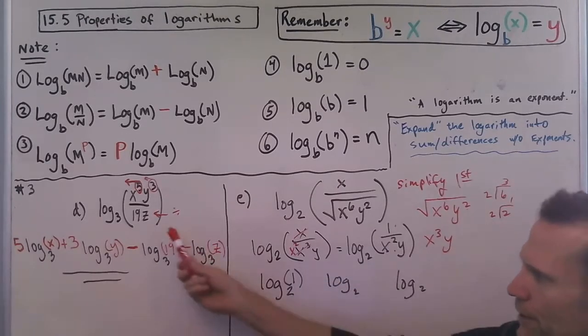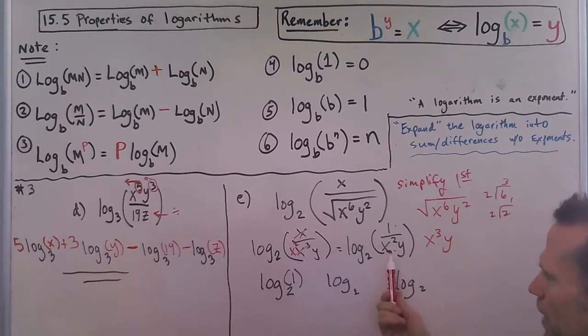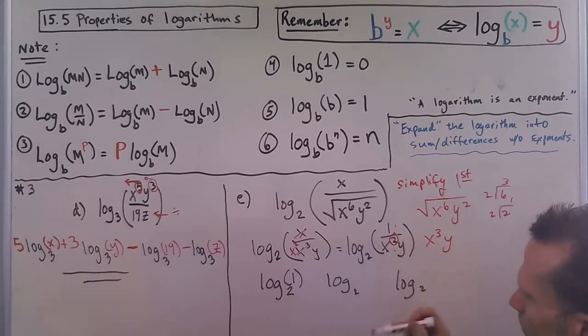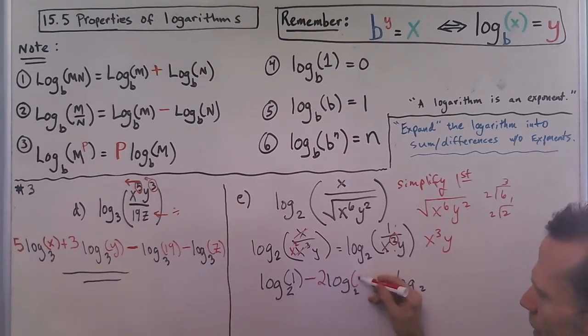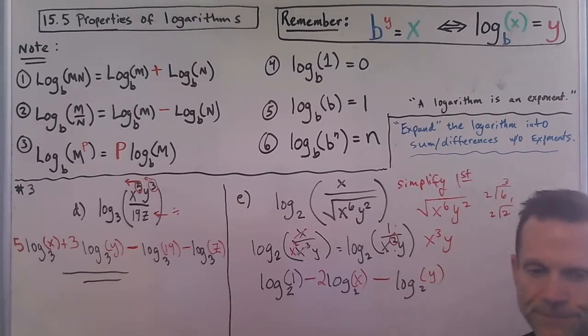Again, similarly to this problem, we have the denominator. So the denominator's here. I have to remember this is going to come out front, so I have minus, because of the division, 2 log base 2 of x minus y.